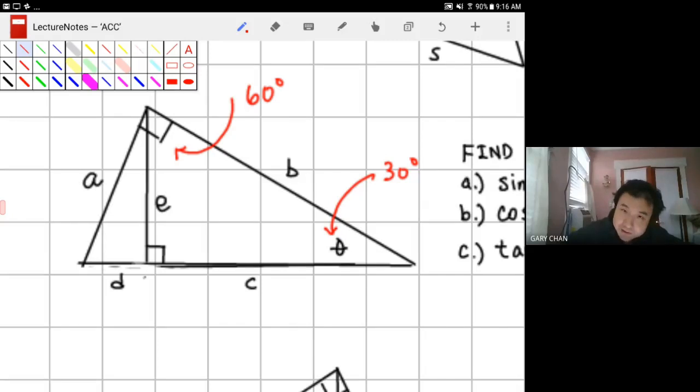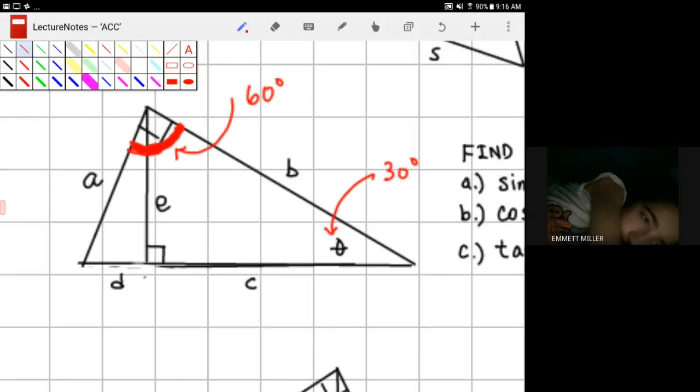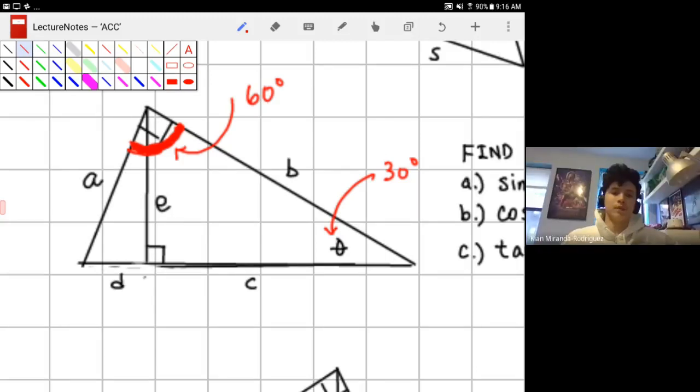Okay? So let's just think about this. If the overall angle, I'm talking about this overall angle, Kian, what is the measure of this overall? Kian, you're muted.